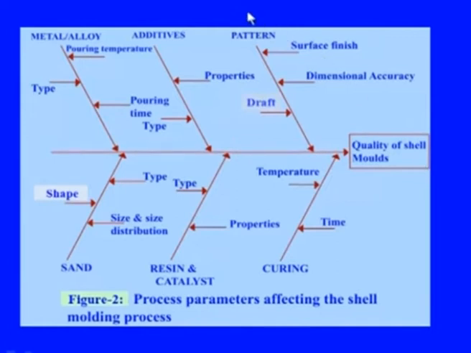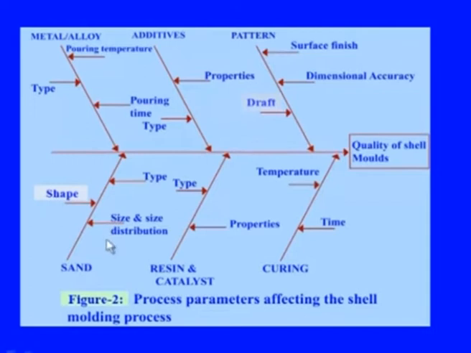Then there are few pattern based parameters as you can see in the screen, like surface finish, dimensional accuracy of the pattern, and then draft. The other parameters based on the sand which are considered to be very important are the shape of the sand, the type of the sand, and the size distribution of the sand.